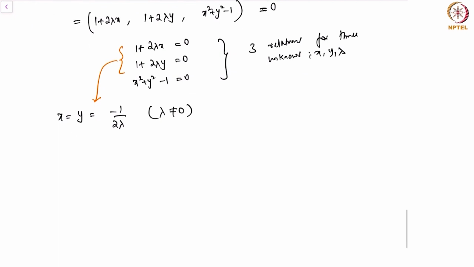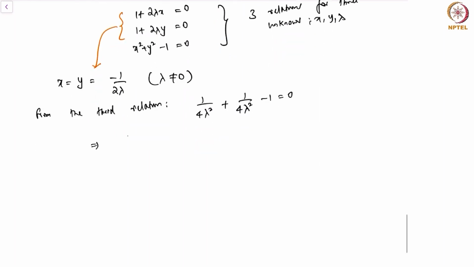And from the third relation, we simply have x square, that becomes 1 by 4 lambda square, y square 1 by 4 lambda square, minus 1 is 0, and therefore I have 1 by 2 lambda square is equal to 1, or lambda square is half, and this gives me two values for lambda, plus or minus 1 by root 2.